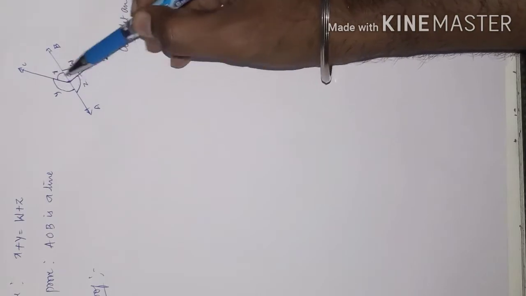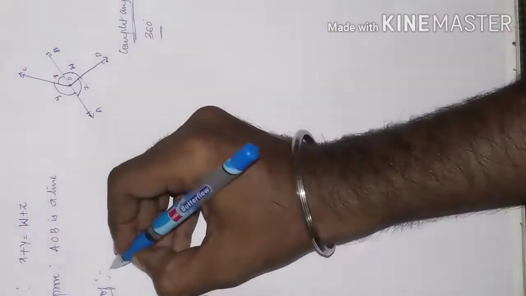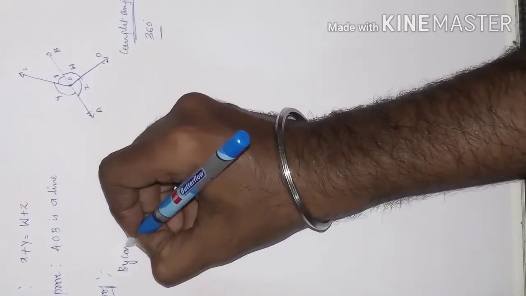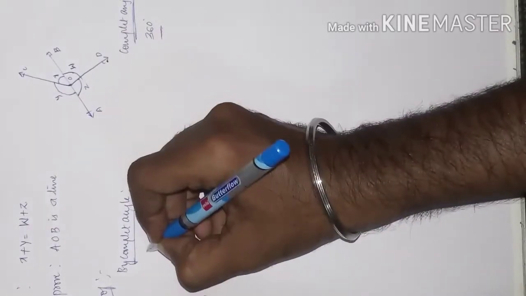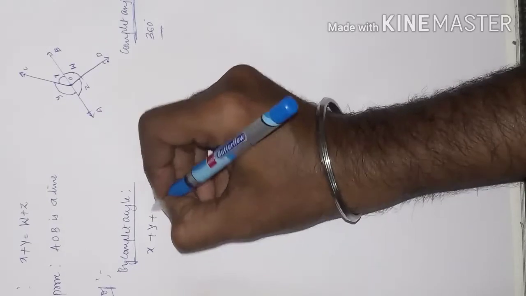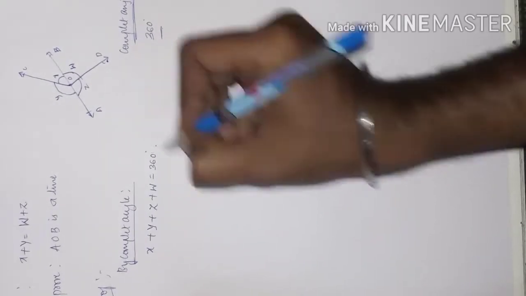Angle x plus angle y plus angle z plus angle w is equal to 360 degrees. Now by complete angle, x plus y plus z plus w is equal to 360 degrees.